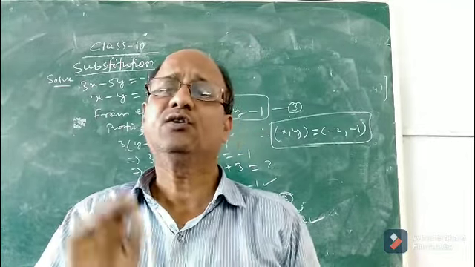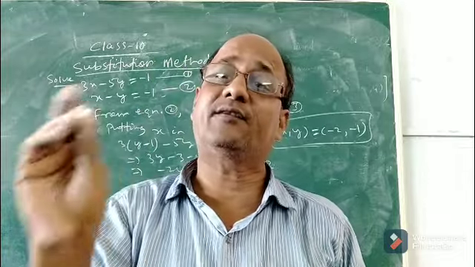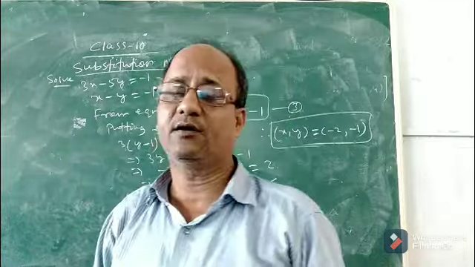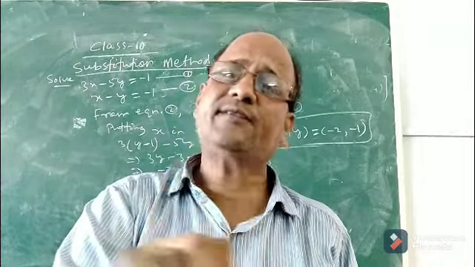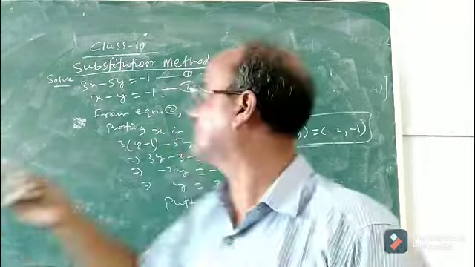So, if a1 by a2 is not equal to b1 by b2, that is the condition of solvability, then you apply the substitution method. In substitution, what is the principle? Choose any one equation, express either x in terms of y or y in terms of x. Then put this value in the other equation. If you have expressed x in terms of y from the second equation, then this value is to be put in equation 1.